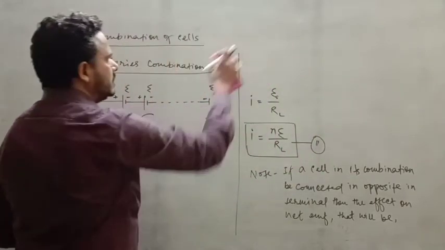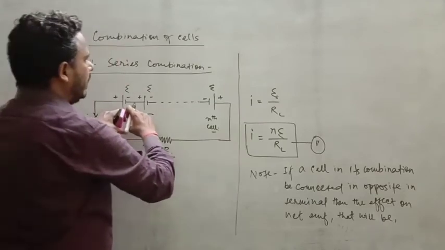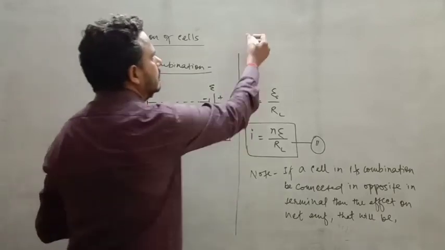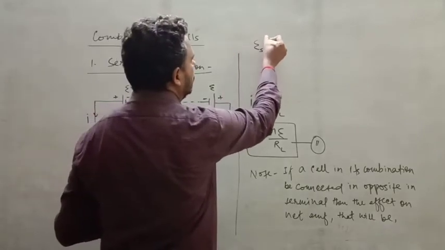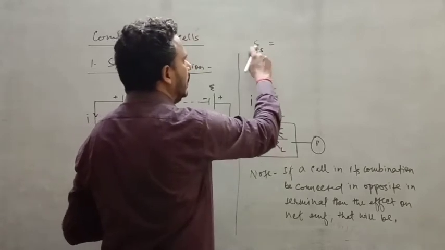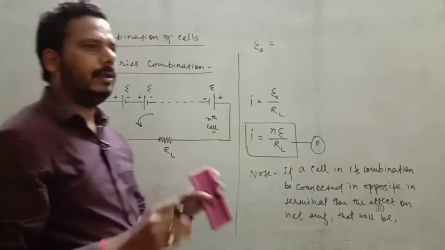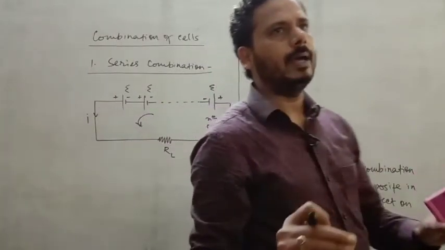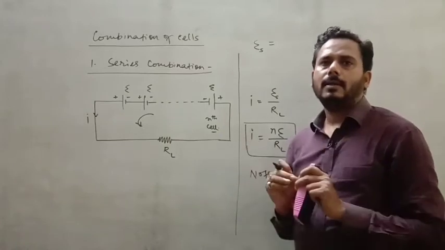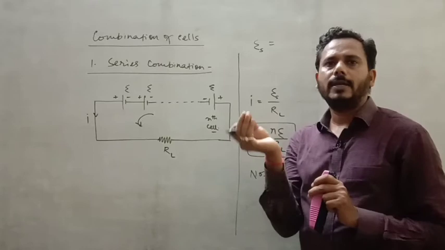Alright, so your net EMF would be, it is very simple. See what is happening: you have n number of cells, so the sum in series, S represents series, so how would the net be affected? If n number of cells are connected in the same manner, there will be nE, but now one is connected in reverse in its terminal.